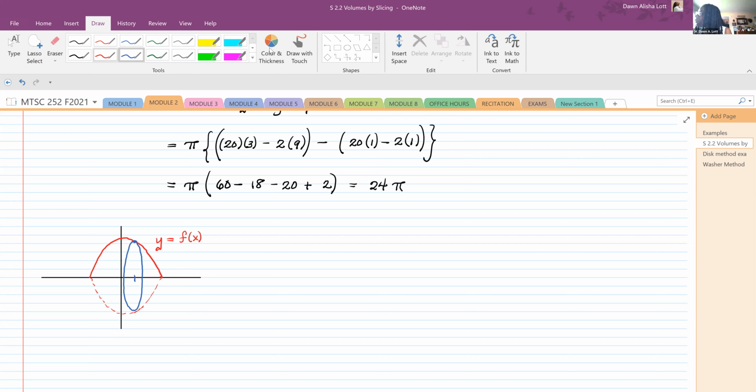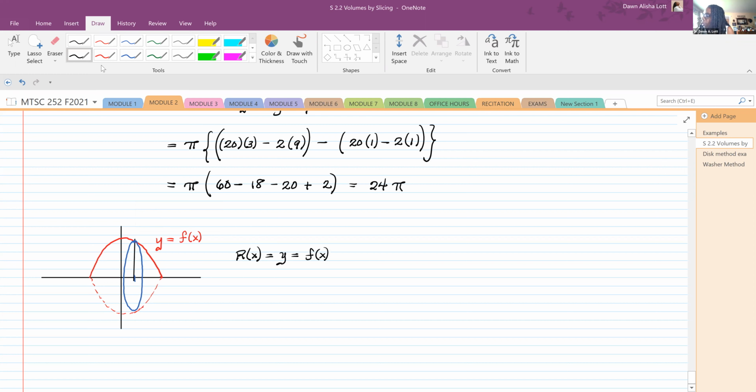Find the radius of the disk. So the radius r of x will just be whatever your y is, or your f of x.